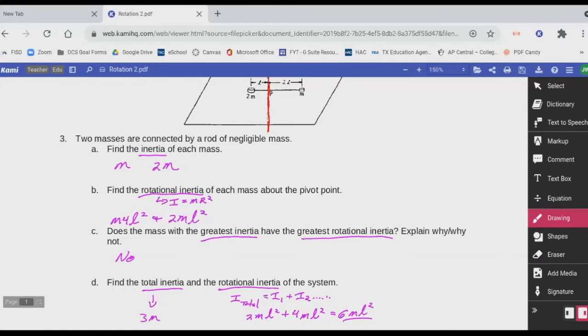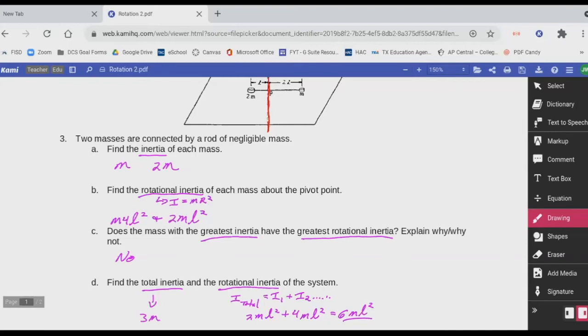Well, what's 2L squared? 2 becomes 4, L becomes L squared. And for the larger mass, the mass is 2m. So our formula is mr squared. The mass is 2m in the picture. And its distance squared, in the picture it says the distance is L. So L squared.